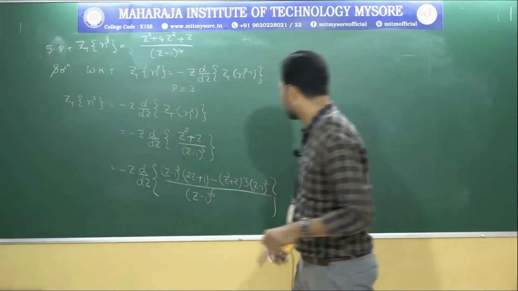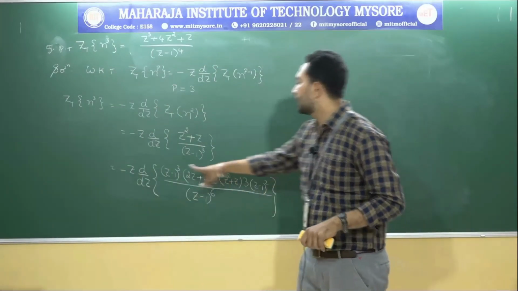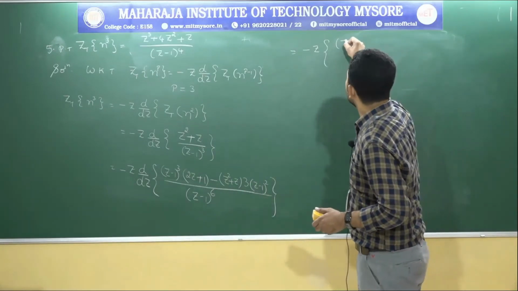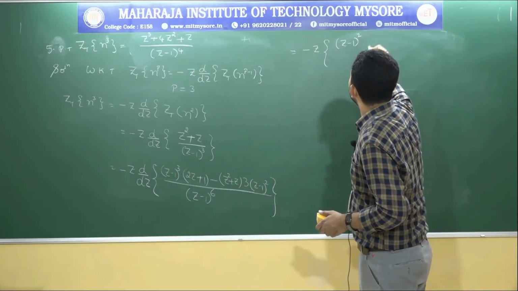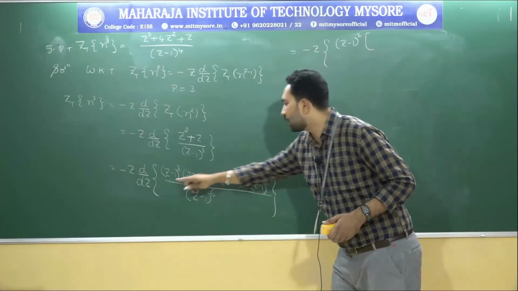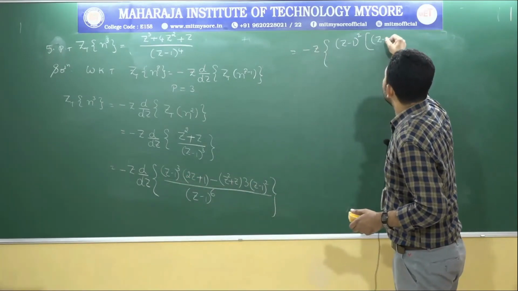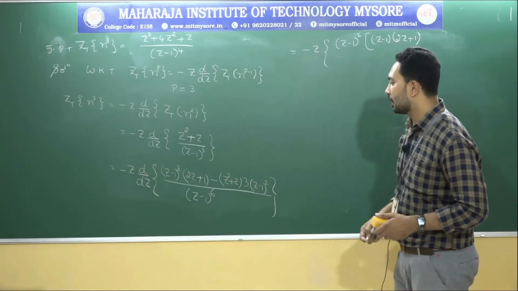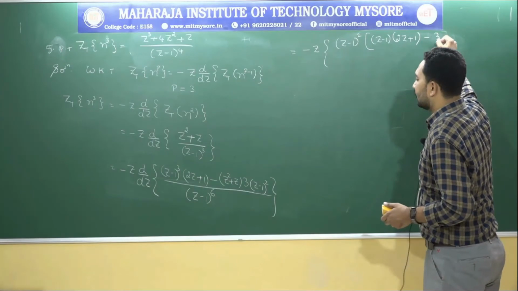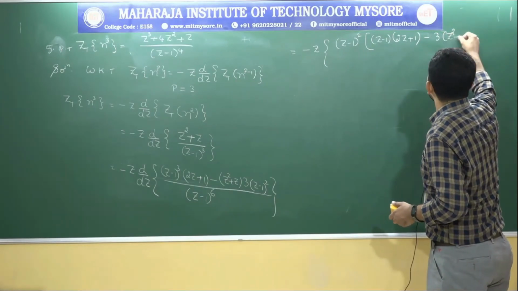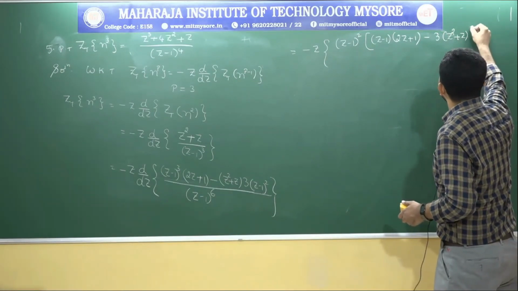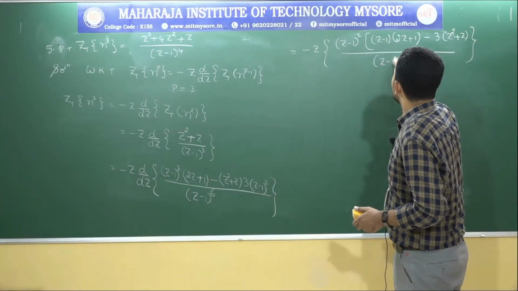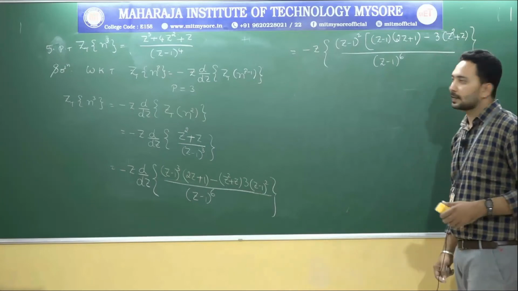Here we have z minus 1 whole square, here we have z minus 1 whole cube. So take z minus 1 whole square common, and we remain with z minus 1 into 2z plus 1 minus 3 into z square plus z, overall divided by z minus 1 power 6.